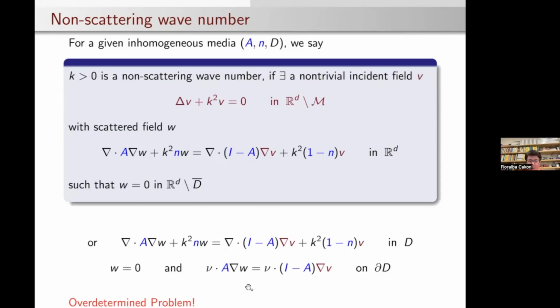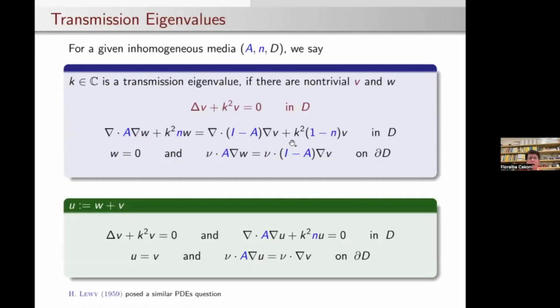And because I have Cauchy data on the boundary, let me first forget about the physical incident field that solves the Helmholtz equation also in the exterior of the perturbation. So let me find a function that solves the Helmholtz equation only in D. So then I have a beautiful system of PDEs.